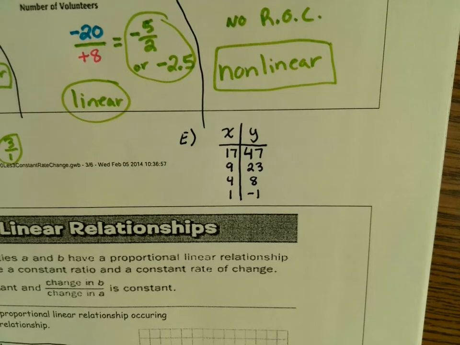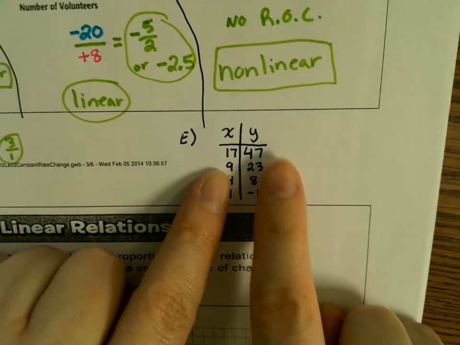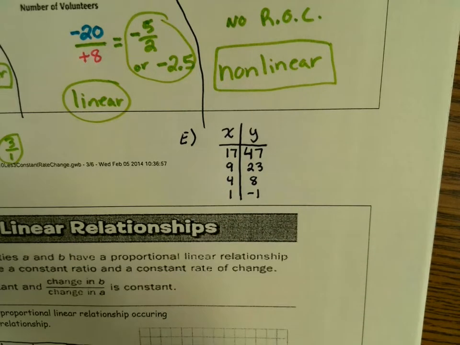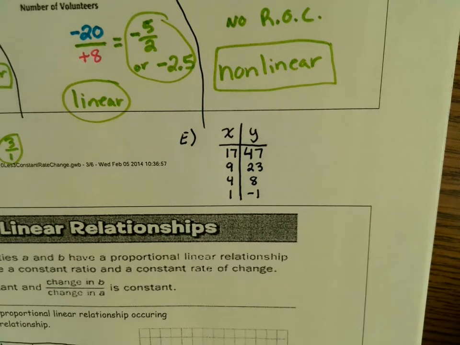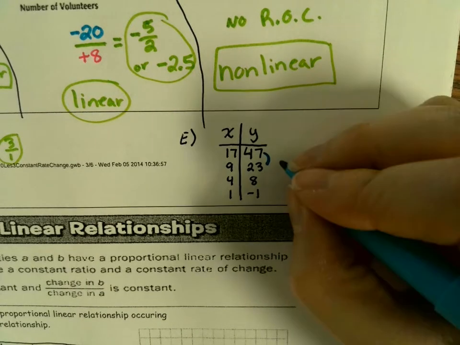All right, who can tell me what the rate of change is going to be for this one? Alonzo? 3 over 1, right? And it's positive. Even though we're noticing that it's decreasing, the fact that it's decreasing on both ends, a negative over a negative would come out to being a positive relationship. So we're going from 47 to 23. That's going to be a decrease of 24.